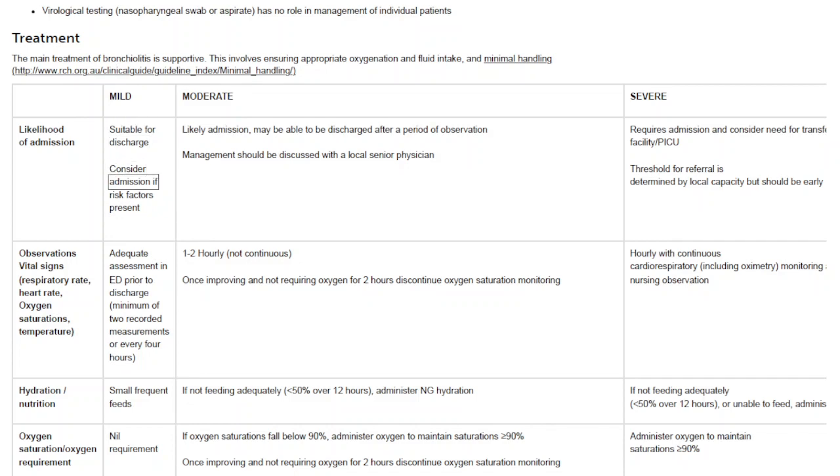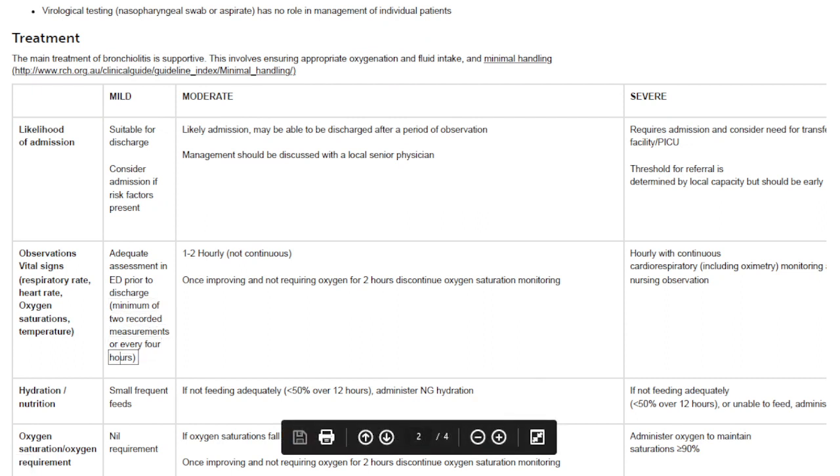Consider admission if risk factors present. Observations: vital signs, respiratory rate, heart rate, oxygen saturations, temperature, adequate. Assessment in the ED prior to discharge: minimum of 2 recorded measurements, or every 4 hours. Hydration, nutrition: small frequent feeds.